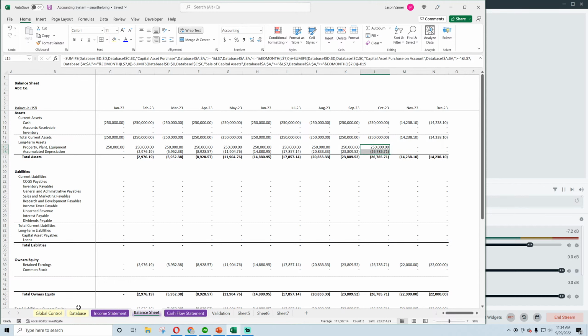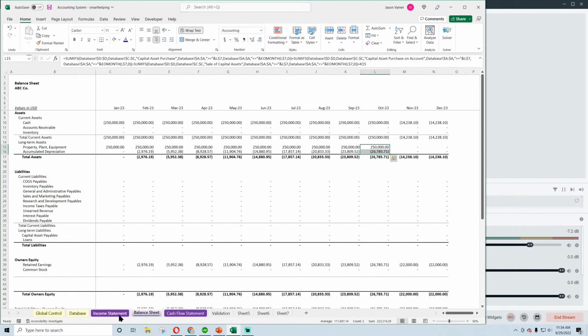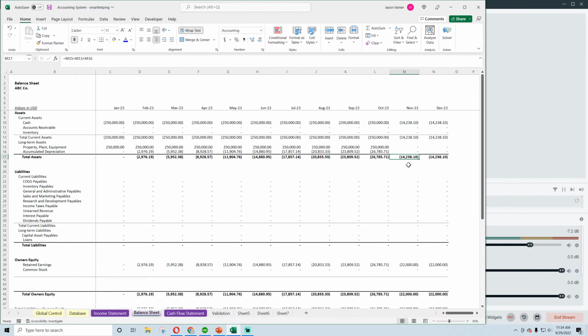So in theory, the assets are going net up by the difference between this and this. Or no, they're going down. They're going down by 250, up by whatever the total amount is here. So okay, net of 14,238.